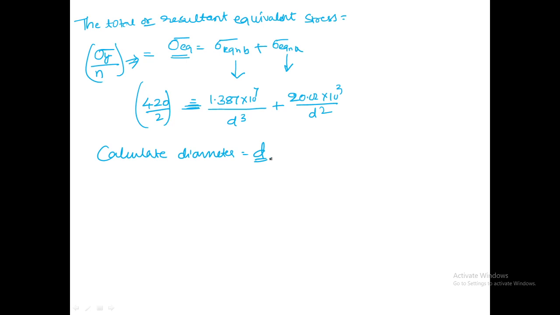How much? 41.19. So now you go for the higher value, 42 mm. This is the diameter of shaft required.